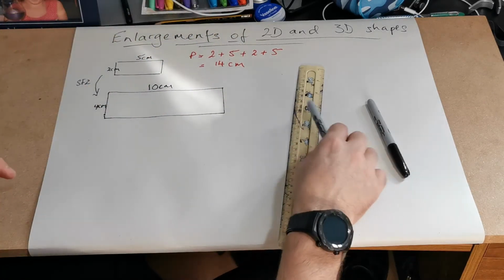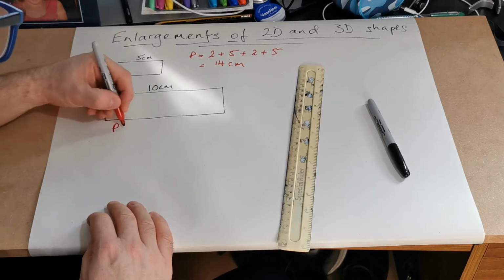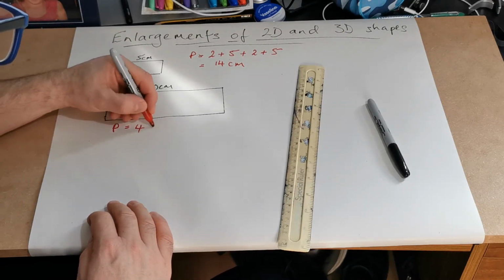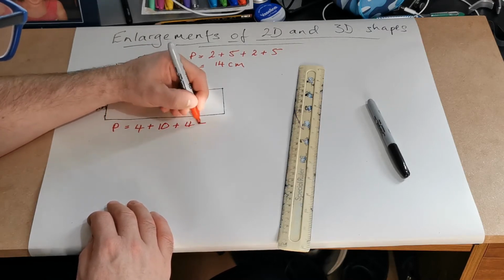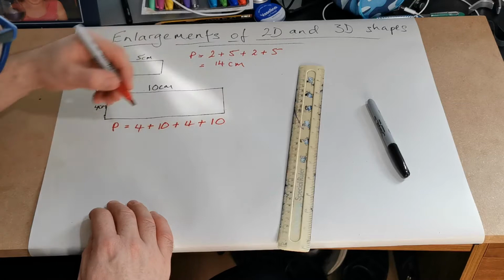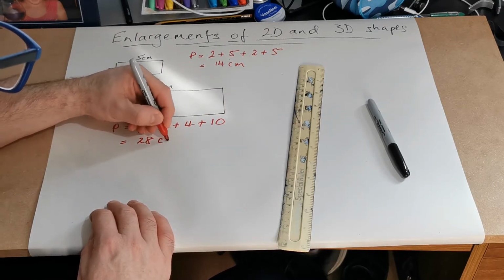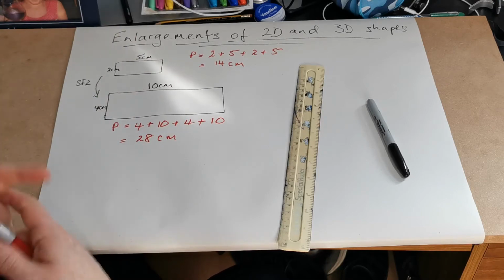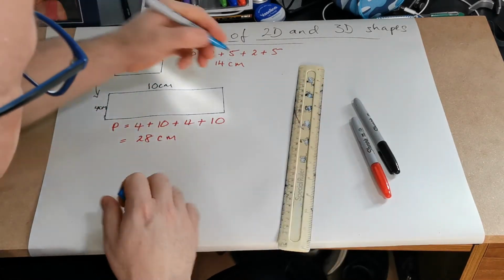Now if I looked at this next one, the enlarged version, I would have 4 plus 10 plus 4 plus 10, which is equal to 28 centimetres. So it's easy to see that the perimeter has also been multiplied by the scale factor.